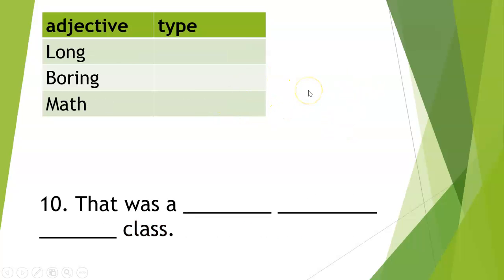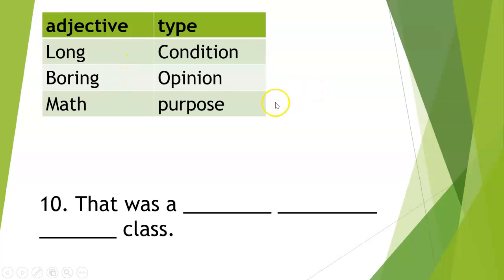Okay, number 10 and our last one. We've got long, boring, math. That was a blank, blank, blank class. Remember, this word here is actually an adjective as well. This is a determiner as well. But when we look at these three here, long is condition, boring is opinion, because maybe for one student it was very boring.